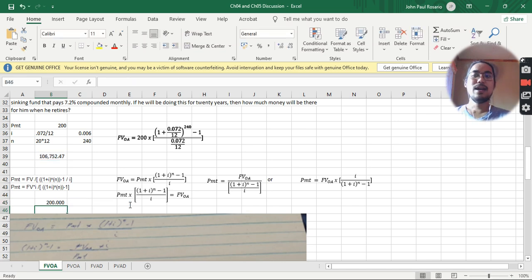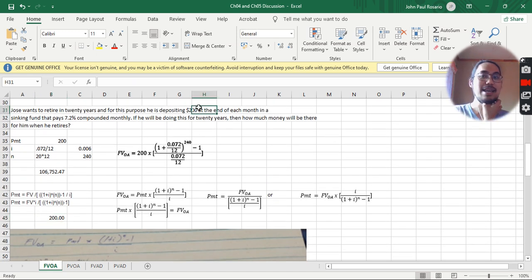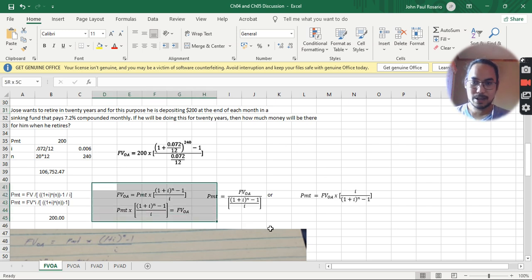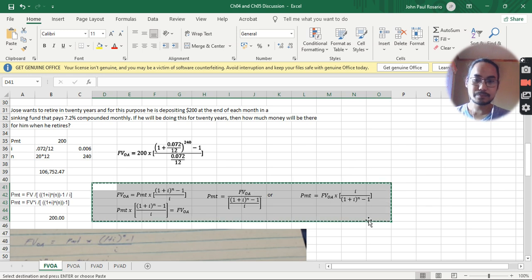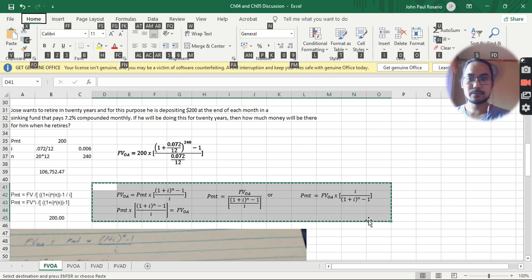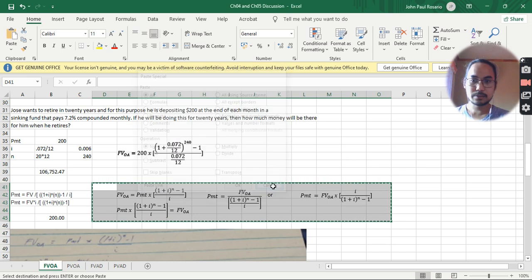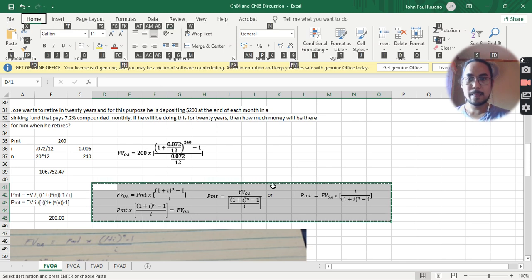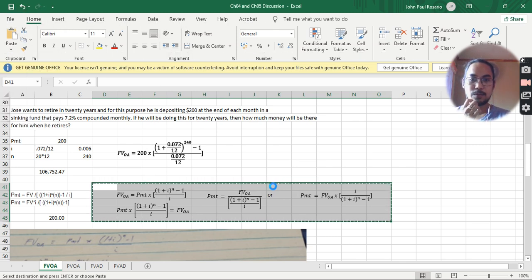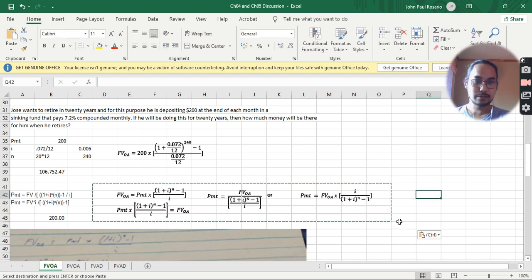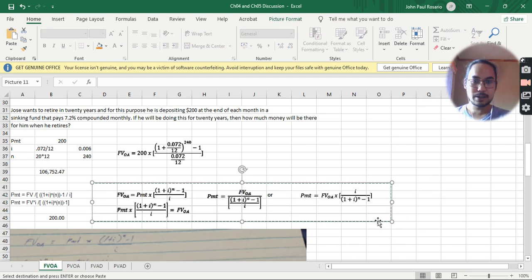So that should give you a 200 pesos payment, which is equal to the payment stated in the first problem. So let me just copy this. Okay. So that is now our formula.